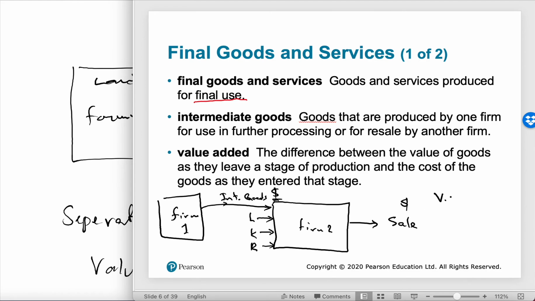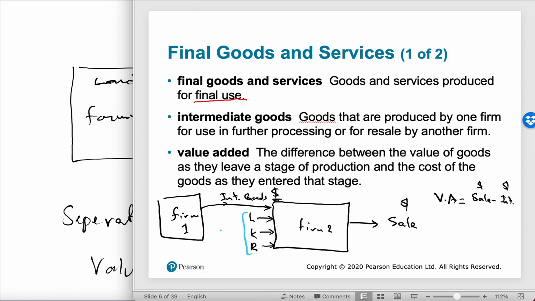So the value added is the sale value in dollars minus the dollars of the intermediates it purchased. This difference is paid to all the factors of production, including entrepreneurship, not the profit.